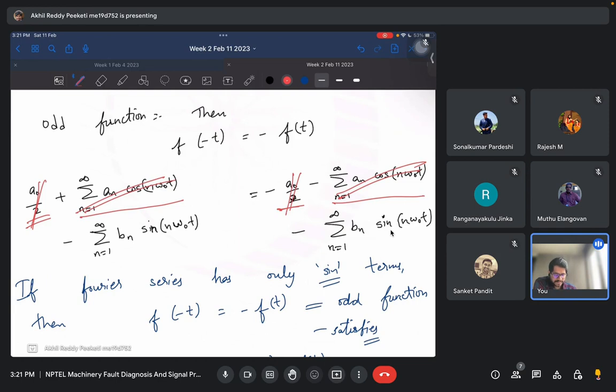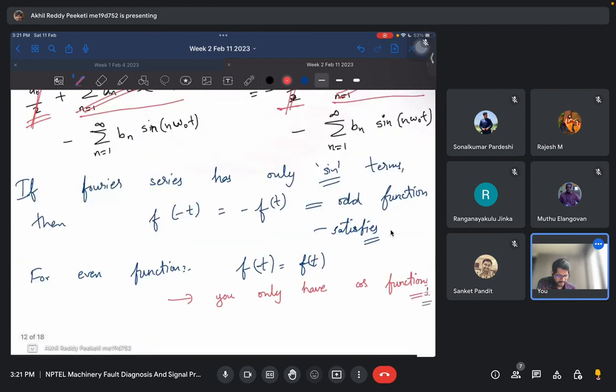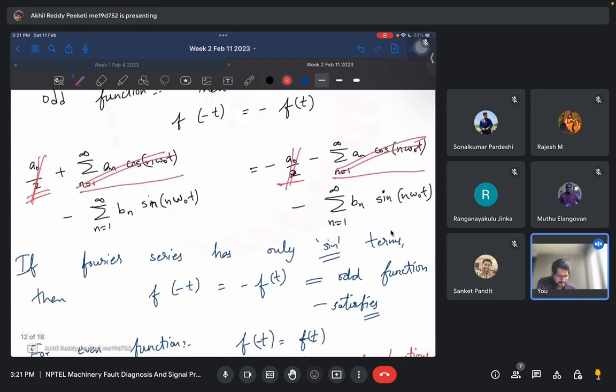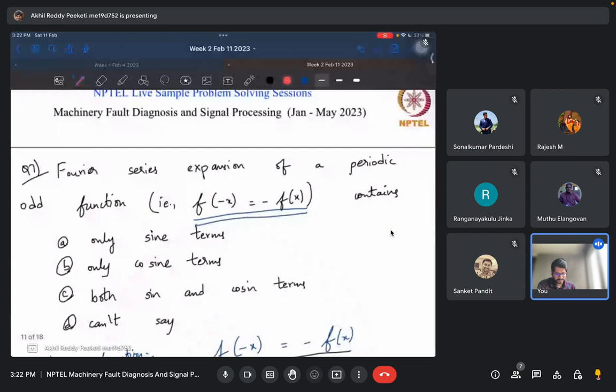If you remove the other terms, then you are satisfying the condition. So only the remaining terms should be present. For an odd function, the terms are sine terms, and for an even function, you'll see only cos terms should be present. Okay. I hope this is clear regarding the Fourier expansion.